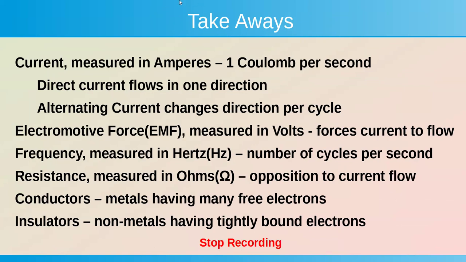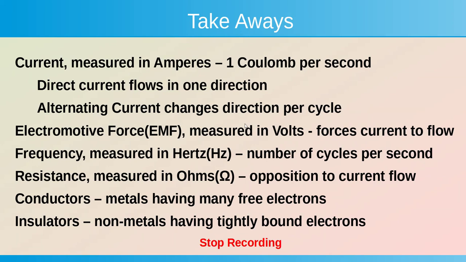So we learned that current is measured in amps and it's 1 coulomb per second, which is a whole lot of charges per second moving. Direct current flows in one direction, alternating current changes direction per cycle or per hertz. We used to call those cycles per second, and it wasn't all that long ago it got renamed to hertz.